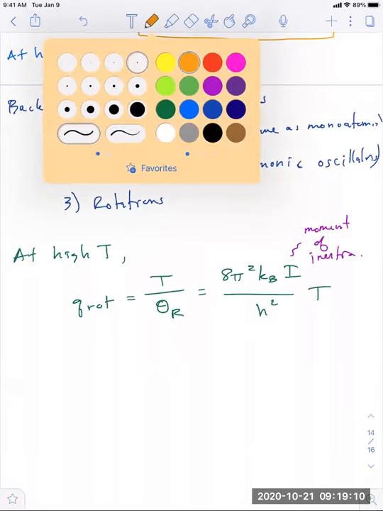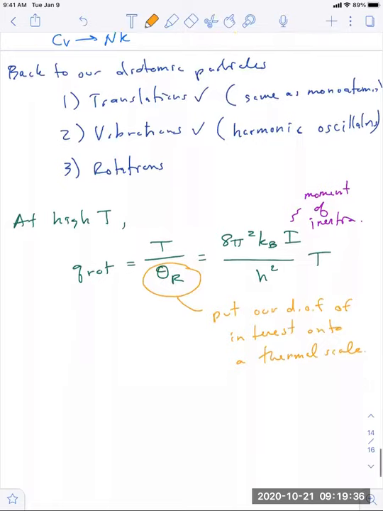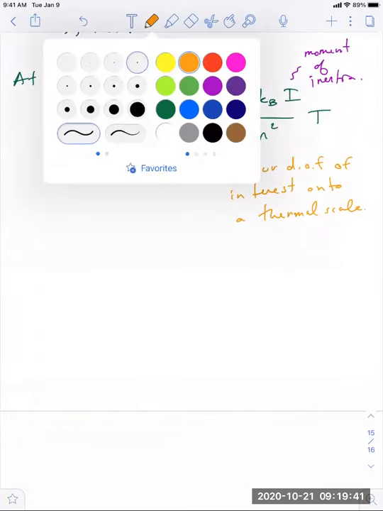And then once again, this theta is just trying to put our degree of freedom of interest onto a scale we're familiar with. So onto a thermal scale. So instead of having to remember what is a large or a small moment of inertia or vibrational frequency, it just gives us a shortcut to thinking about the magnitude of these things.